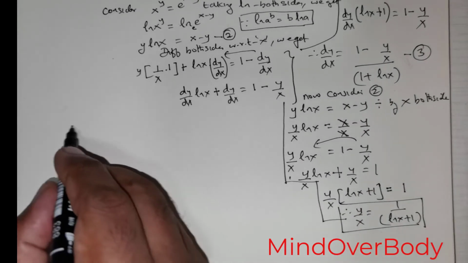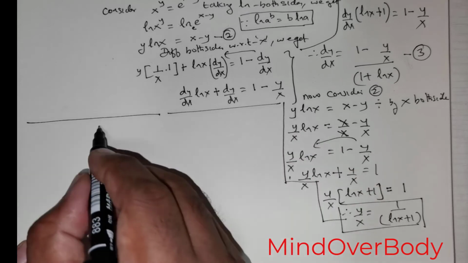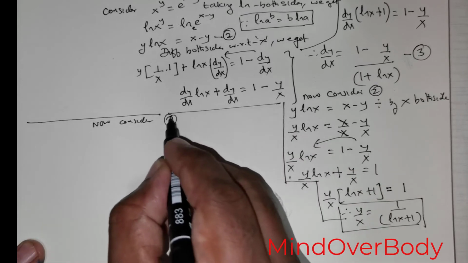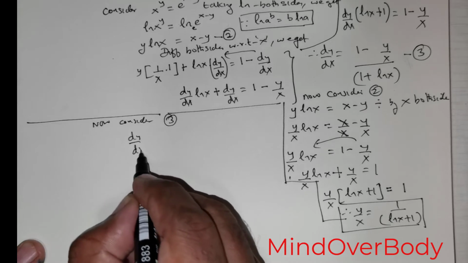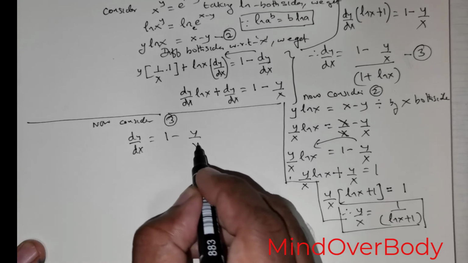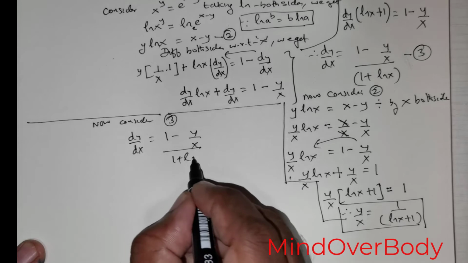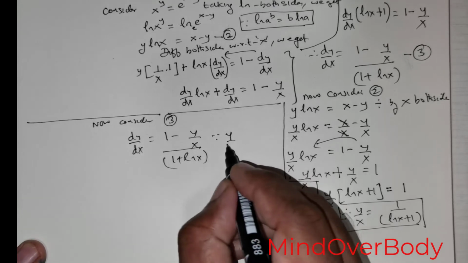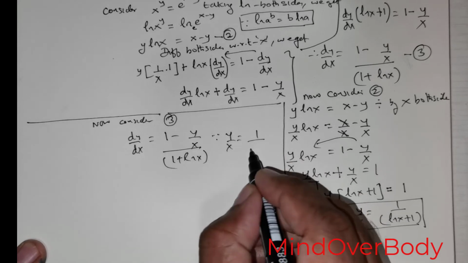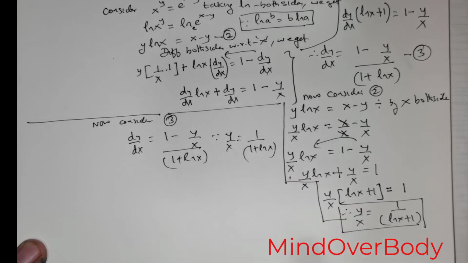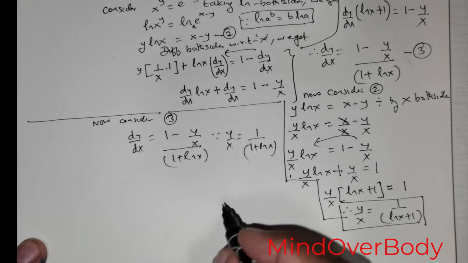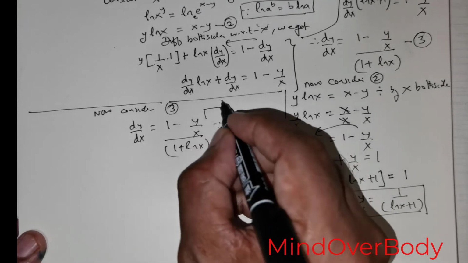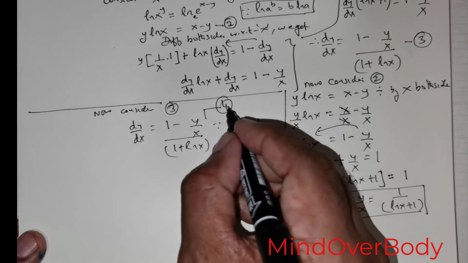Right? Now consider 3. So what is 3? dy over dx is equal to 1 minus y over x divided by 1 plus ln x. Now since y over x is equal to 1 over 1 plus ln x, I'm just writing it as 1 plus ln x.